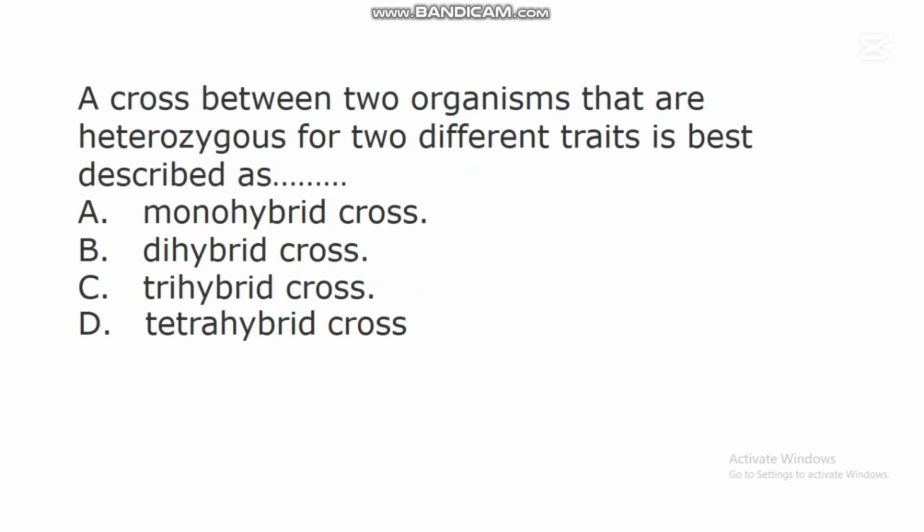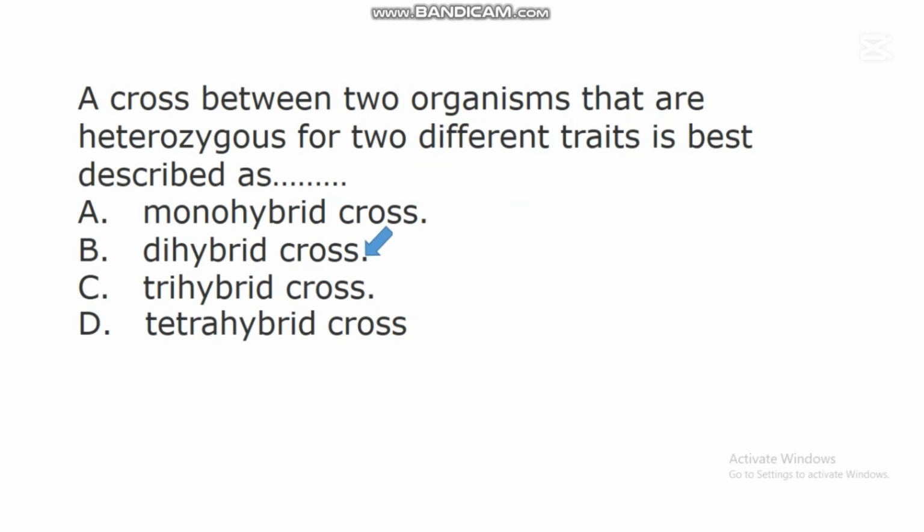The next question says, a cross between two organisms that are heterozygous for two different traits is best described as dash. A. Monohybrid cross. B. Dihybrid cross. C. Trihybrid cross. D. Tetrahybrid cross. In this question, the correct answer is B. Dihybrid cross.